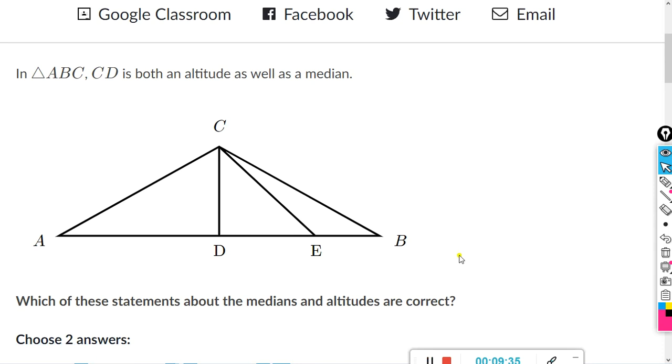One more. It says CD is both an altitude as well as a median. So if CD is an altitude, it's going to be perpendicular. It's going to make a right angle right here. So we know that CD is perpendicular to AB.